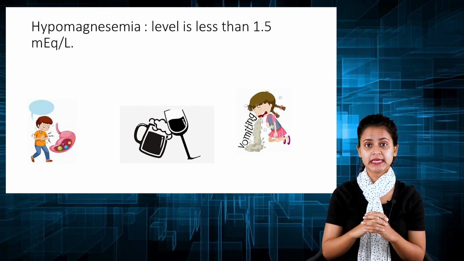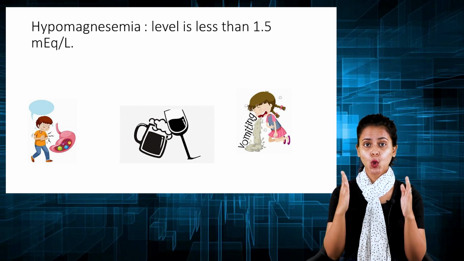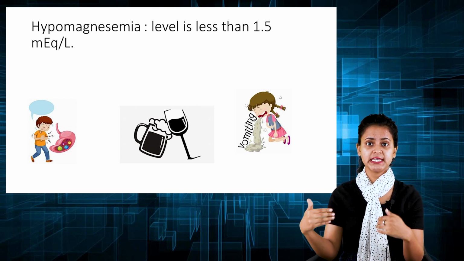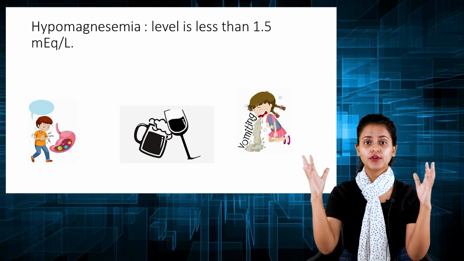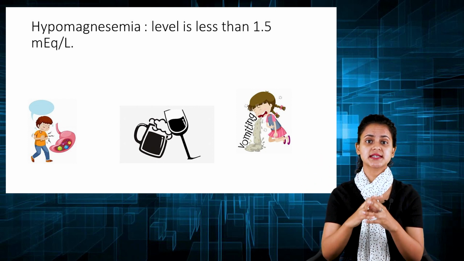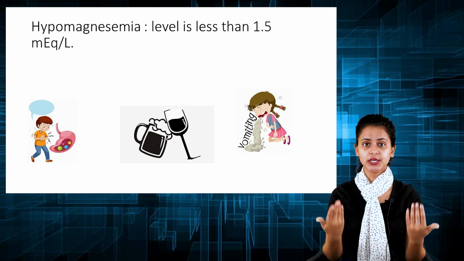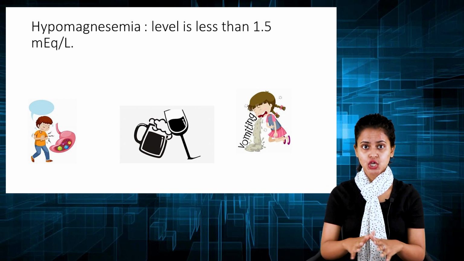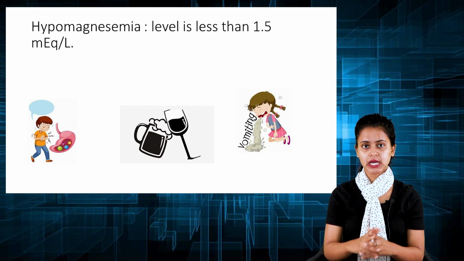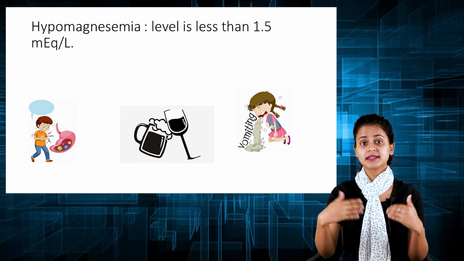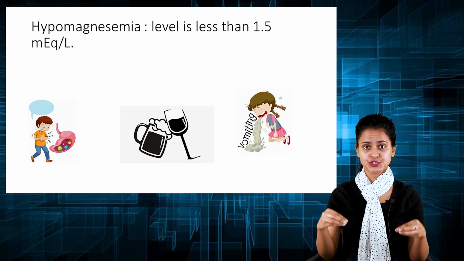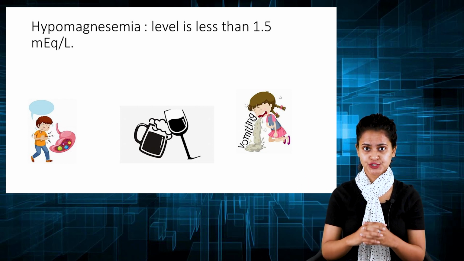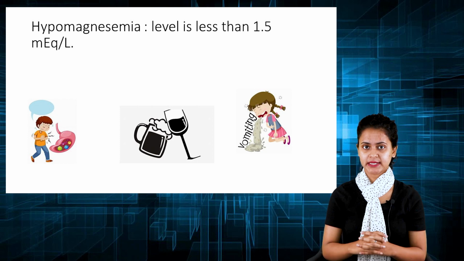When magnesium is present at less than 1.5 milliequivalents per liter in the body, we term this condition hypomagnesemia. Let us now discuss the probable causes, the clinical manifestations, and the treatment or management of hypomagnesemia.